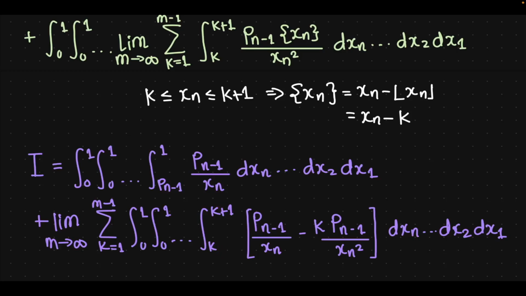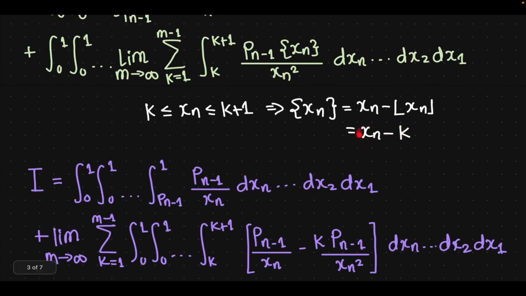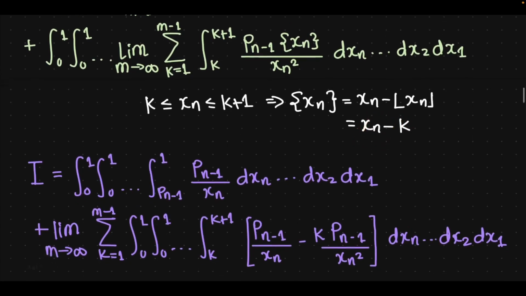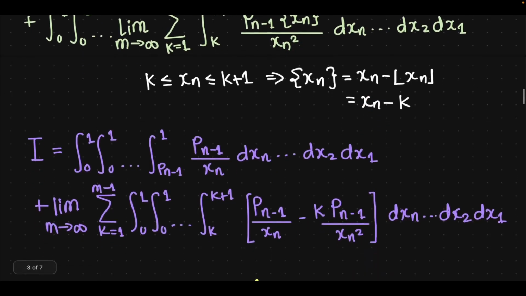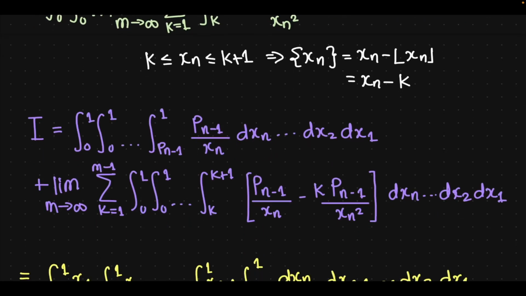And then we have this difference because of the xn minus k term. Where we have the xn, that will cancel one of the factors in the denominator. So we get Pn minus 1 over xn minus k times Pn minus 1 divided by xn squared. That's one term, which is why I've square bracketed that.